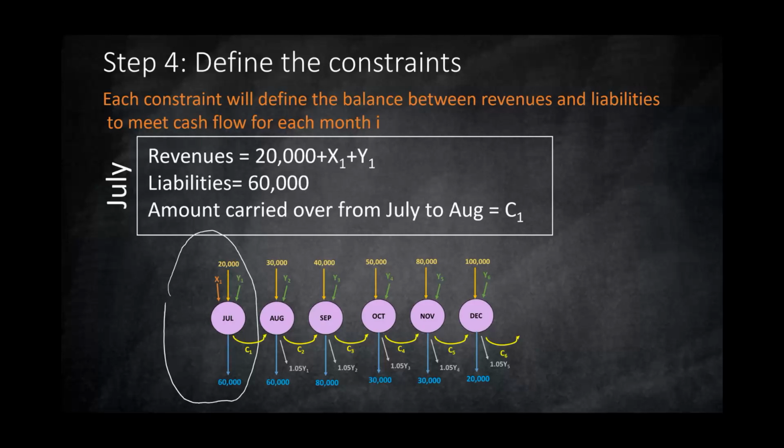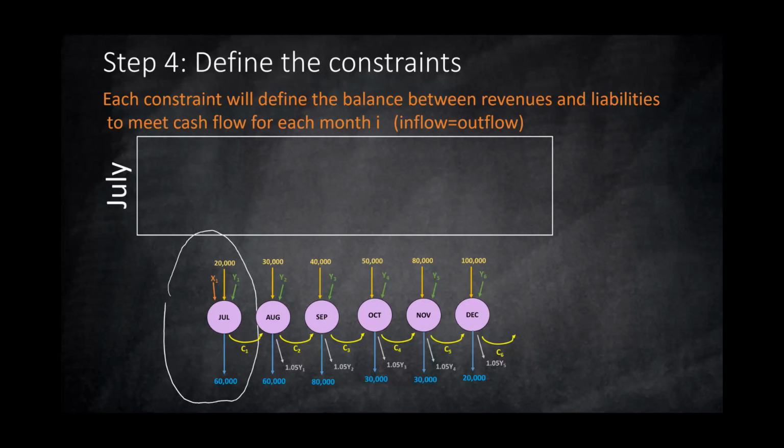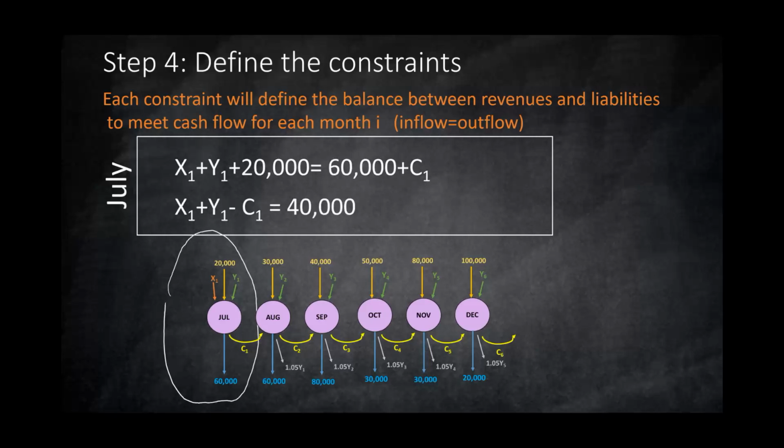So these are our revenues, and we have liabilities of 60,000, and we have the amount carried over from July to August, which is C1. Basically what we follow is we're looking at inflow to July, and we make sure it's equal to the outflow from July. So here it is: X1 plus Y1 plus 20,000 needs to be equal to 60,000 plus C1.